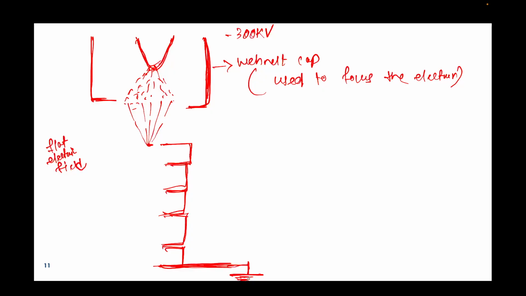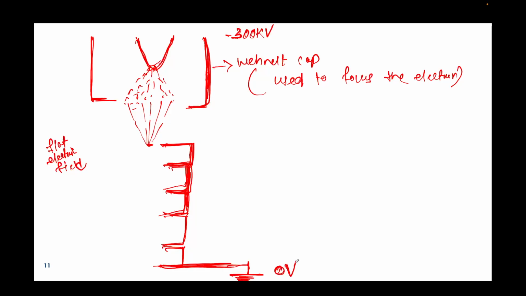So this entire segment that I will do, there is an electric circuit where the electric field will be there. At the starting I have minus 300 kilovolt, and at the end of my microscope column I will have a circuit in such a way that it is grounded, so it will have 0 volt.